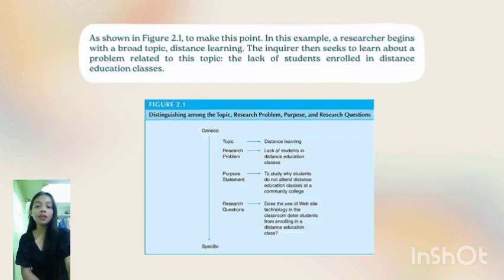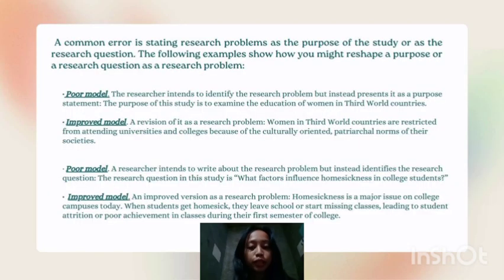For example, the purpose of the study is to examine the education of women in third world countries. The error is stating the research problem as the purpose of the study, or as the research question.